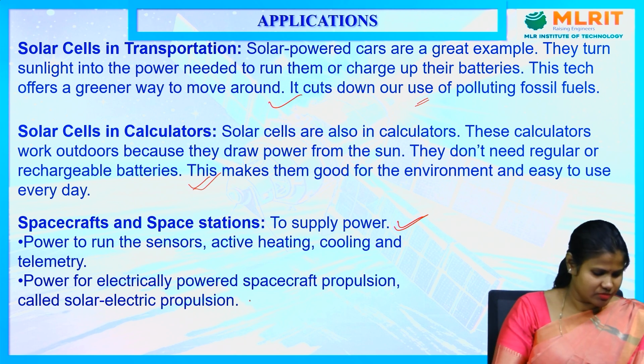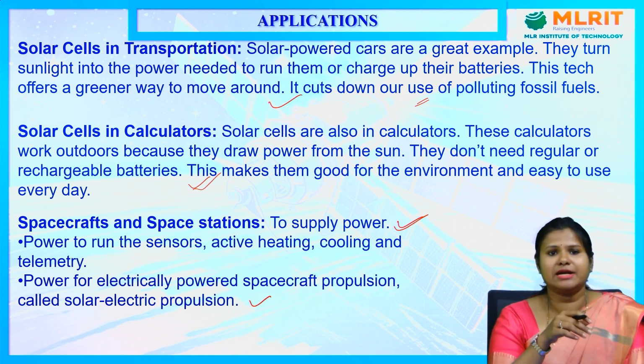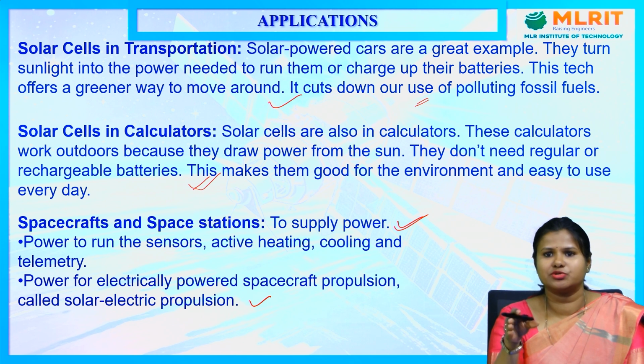Also, some power for electrically powered spacecraft propulsion will be there, which is also known as solar electrical propulsion. So using the solar cell we can operate our spacecraft, and in space stations we use it for our electricity requirement.